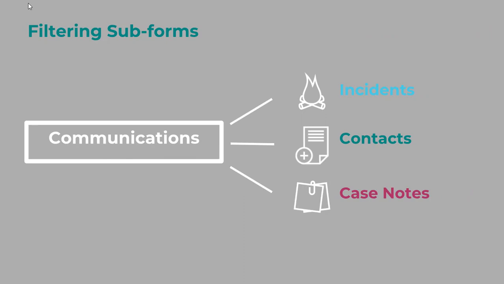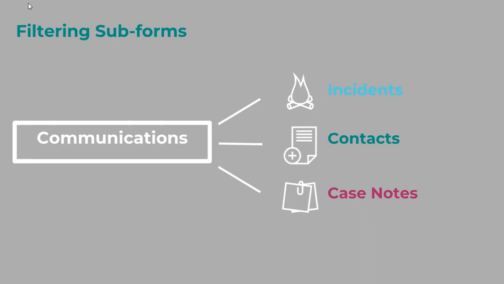So you might have, for example, communications that you want to see, incidents or contacts or case notes, something very specific, and you can move those records that are labeled that way into another subform so that you're not seeing hundreds of communications, for example, but you're seeing those very specific ones.